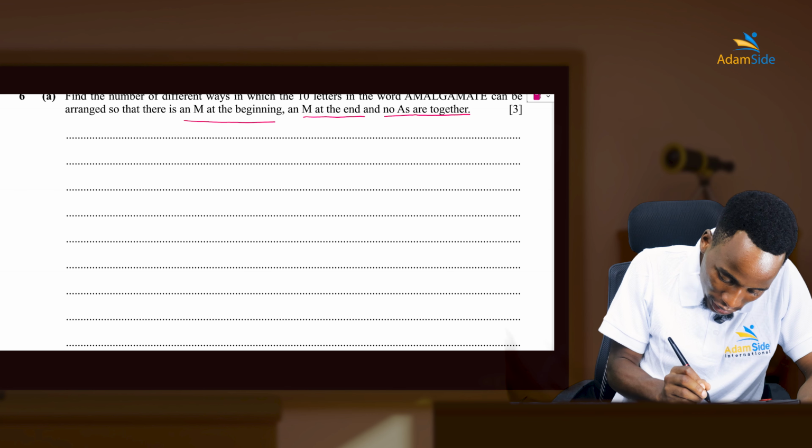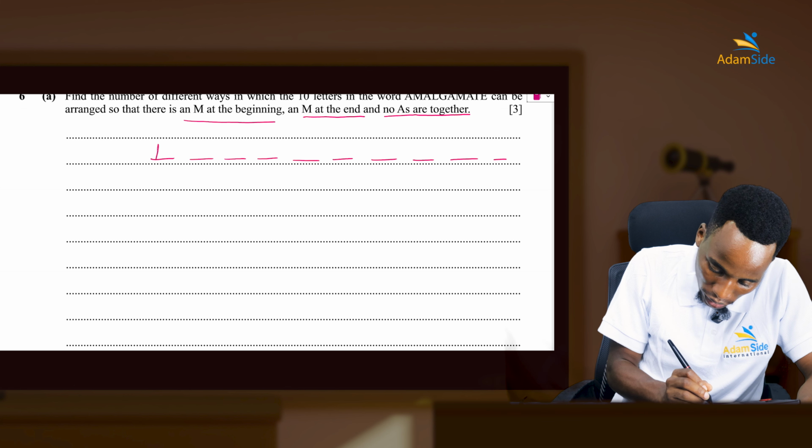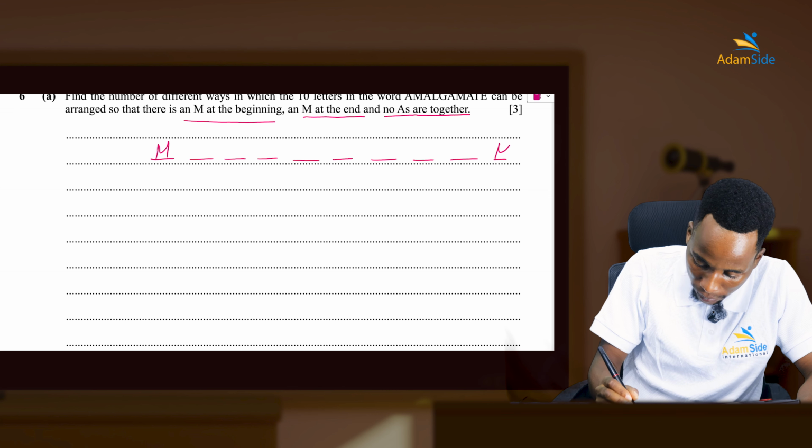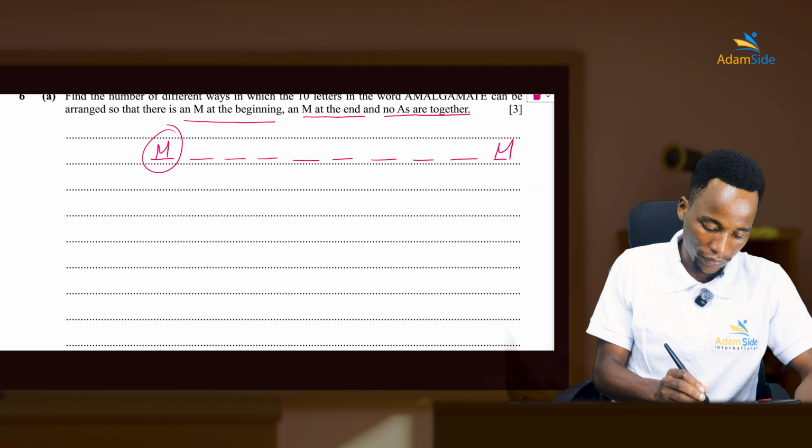So we know exactly we have 10 positions. So 1, 2, 3, 4, 5, 6, 7, 8, 9, 10. So we are supposed to keep M at the beginning and M at the end. So M, M. And we'll be having the rest of the positions there.